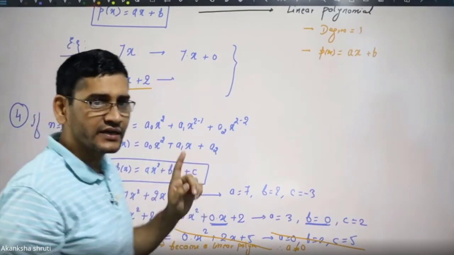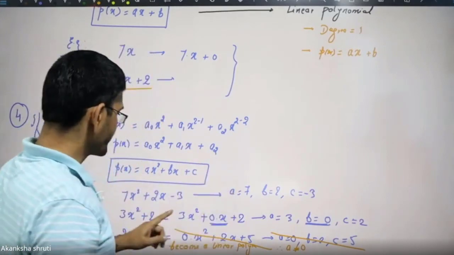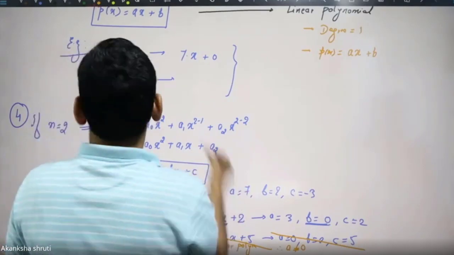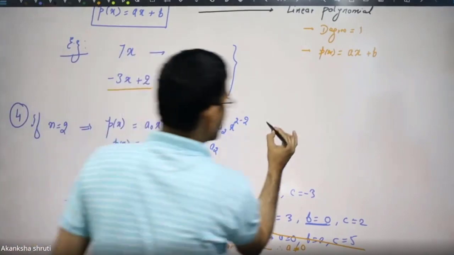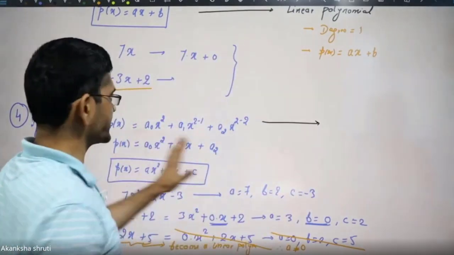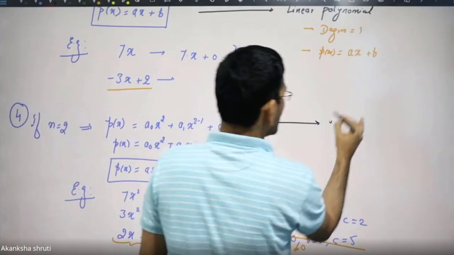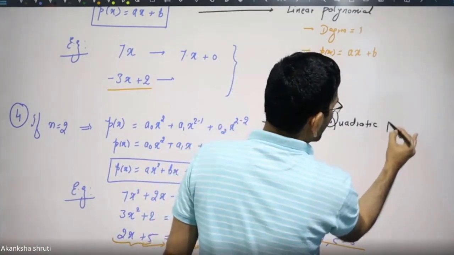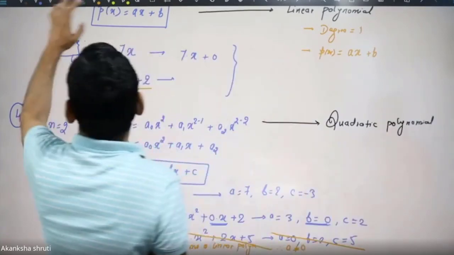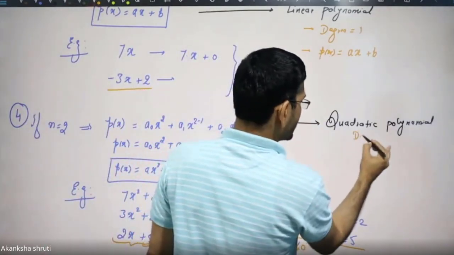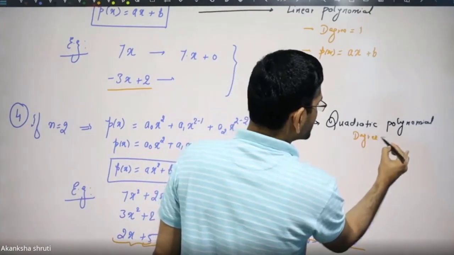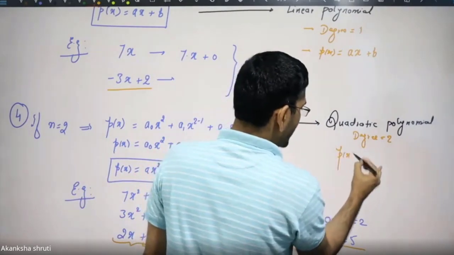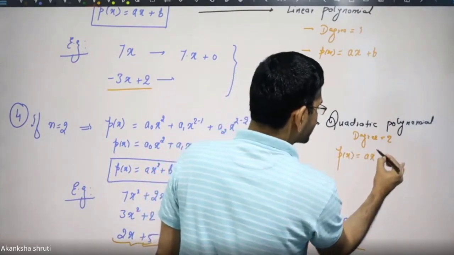A, B, C are real numbers, and in this B and C can be 0. So such a polynomial, this second category of polynomial, is called a quadratic polynomial. Quadratic polynomial simply means the polynomial of degree 2. The general form of this quadratic polynomial is given by ax square.